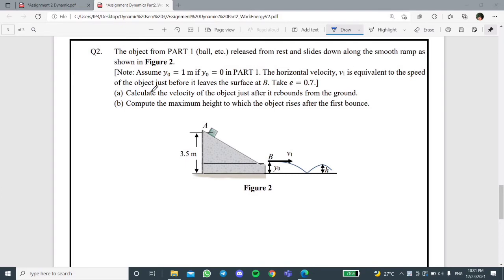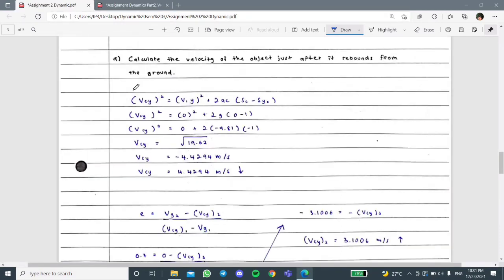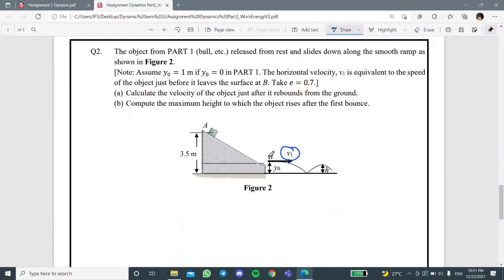For question A, calculate the velocity of the object just after it rebounds from the ground. We want to calculate this velocity because it rebounds. So we use this equation for VCY. Then we assume at this place we put 0, and this is -1.